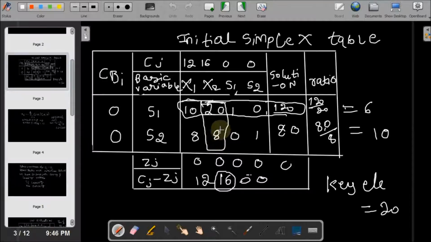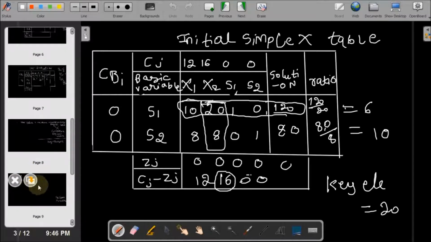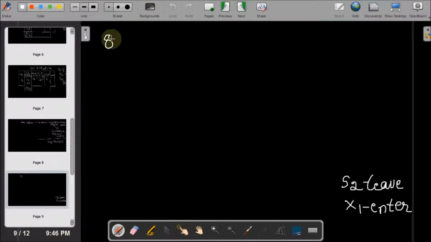See, key column value means this one. This is the key column, right? That's why key column value remains same for every value. This is 8. So 8 minus 8. 8 minus 8. Right?